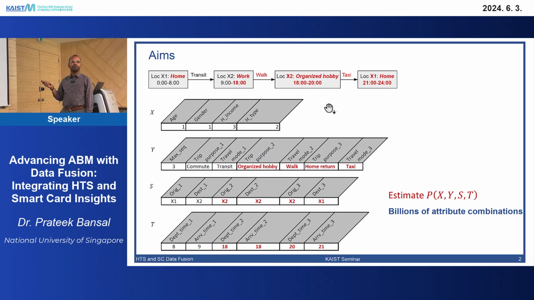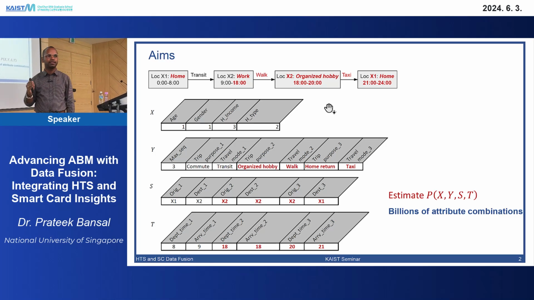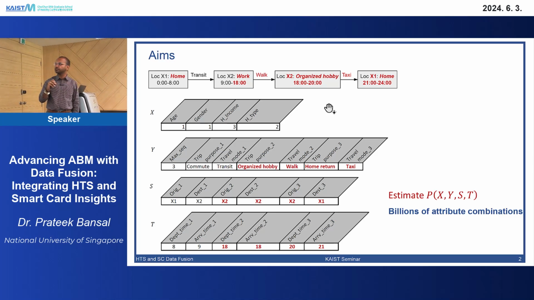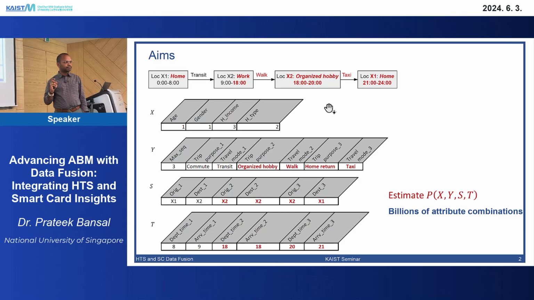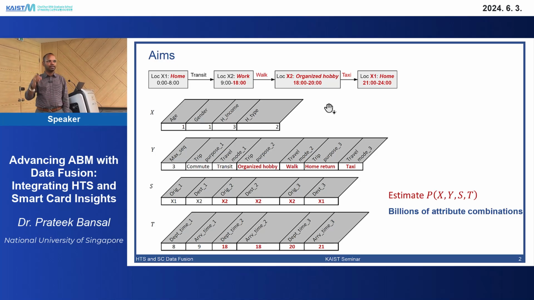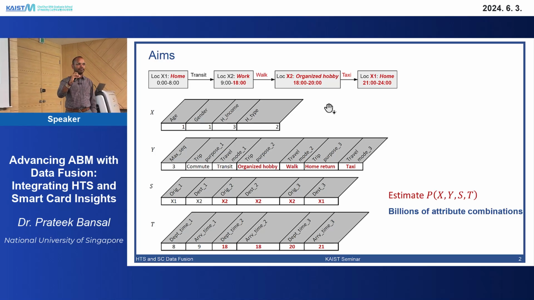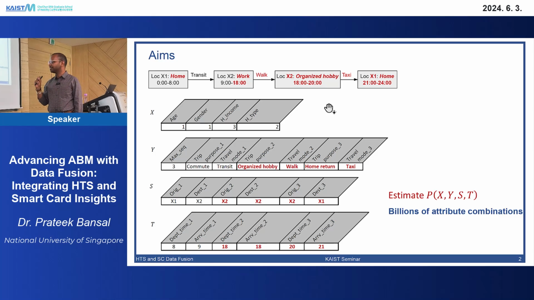Y is the travel mode, trip purpose, as well as the number of trip sequences that we have in the activity schedule. The third part is the S, which is the spatial attributes, like the sequence of the spatial stamps of the activity locations. And T is the time stamps of each activity schedule.